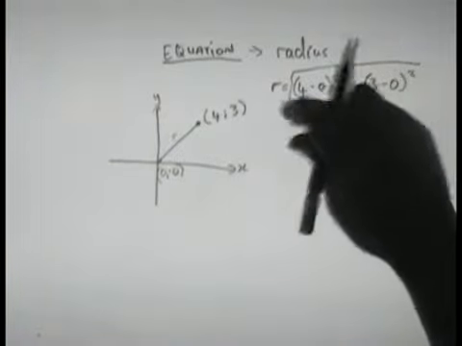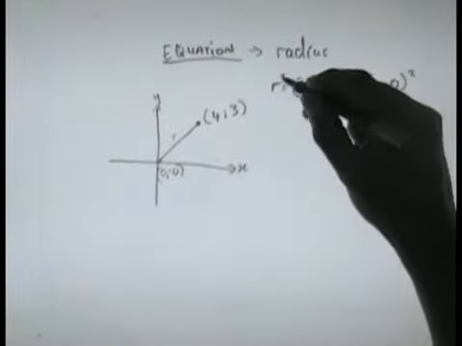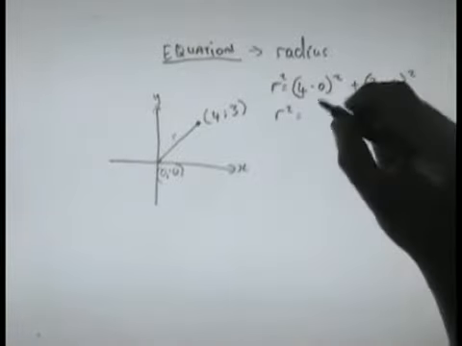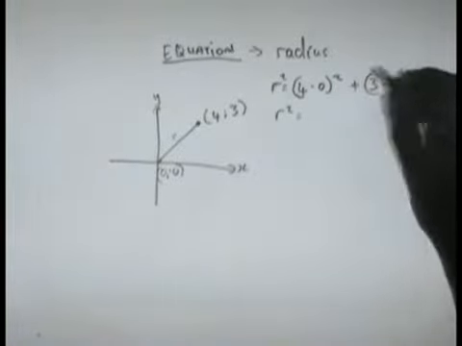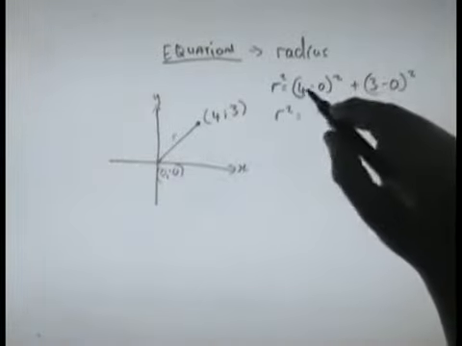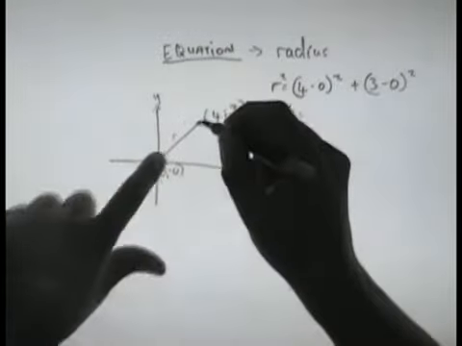To get rid of the square root, we're going to square both sides. That means that r squared in this case is equal to 4 minus 0 squared plus 3 minus 0 squared. But instead of 4, now let's imagine this. Let's take this point.